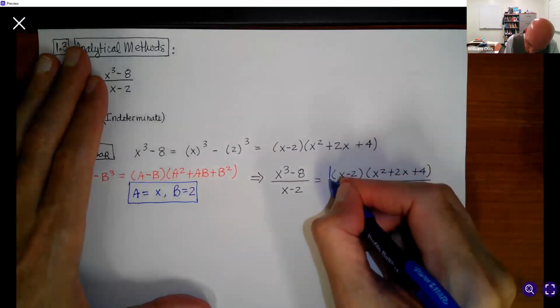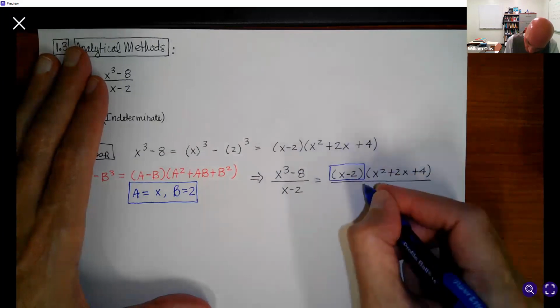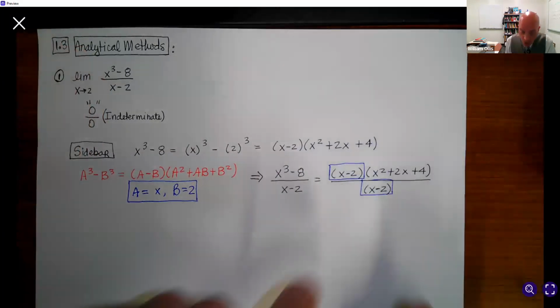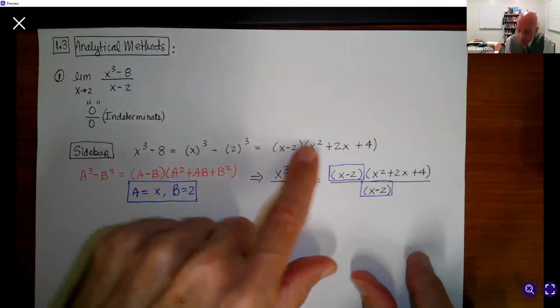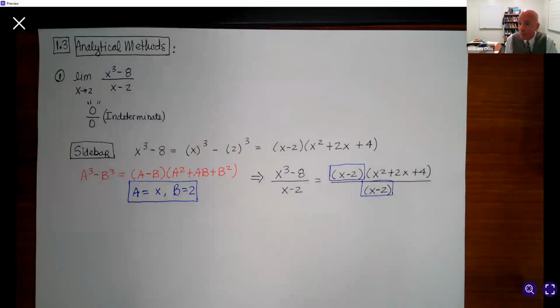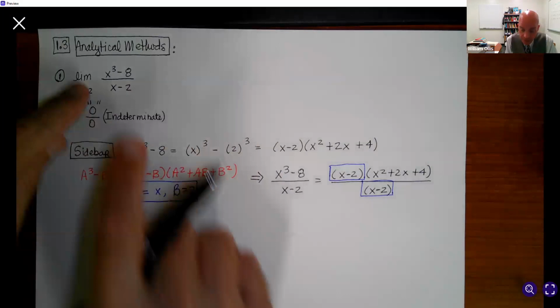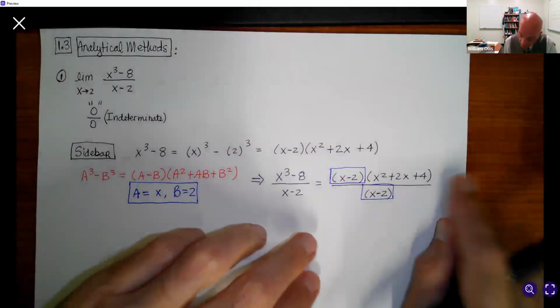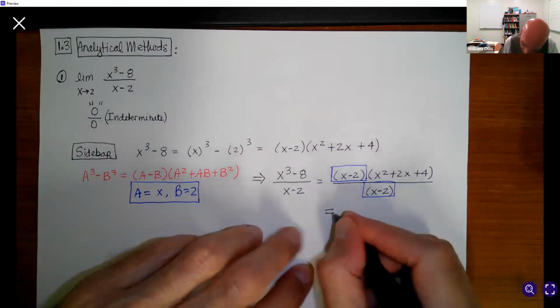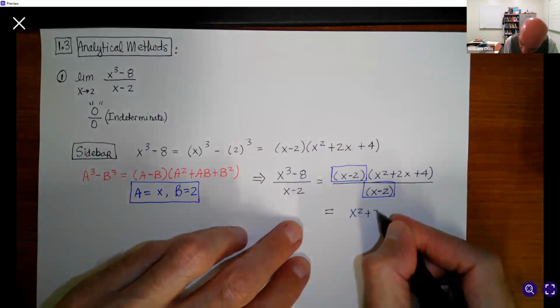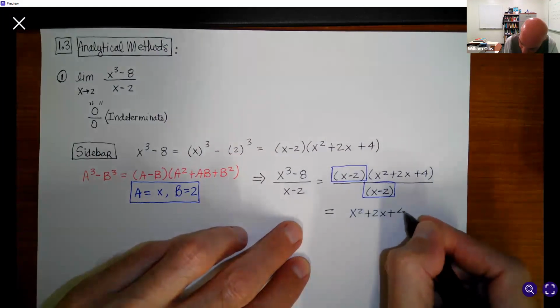So we can use some boxes or not use anything at all, because as long as x is not equal to 2, these absorb each other; they have no impact on the function. So we can simply replace the given quotient with this second degree polynomial. Since x does not equal 2, we have x squared plus 2x plus 4.